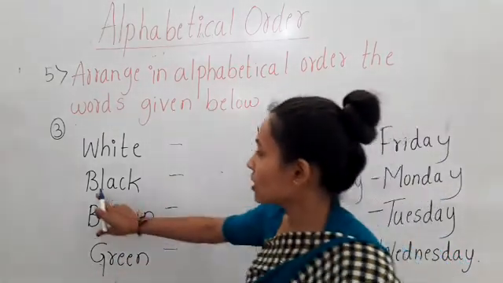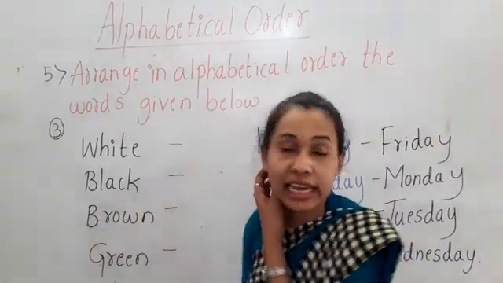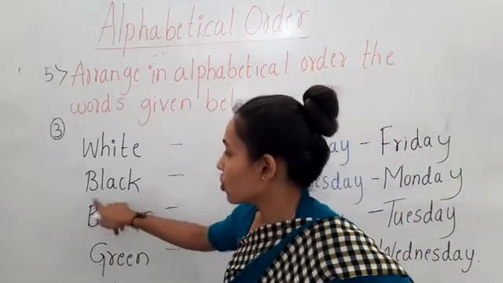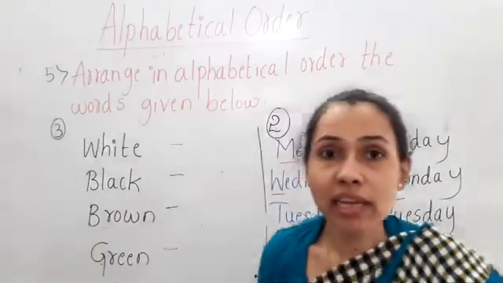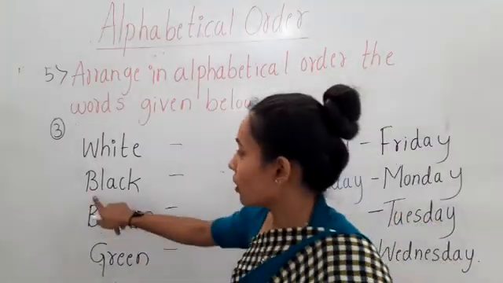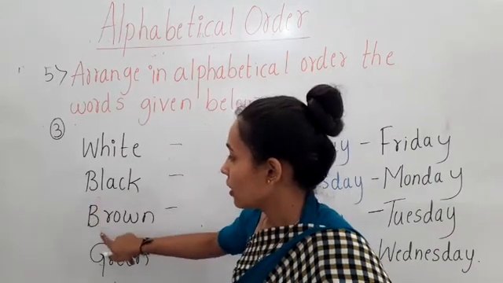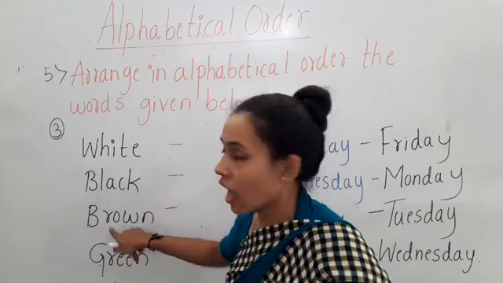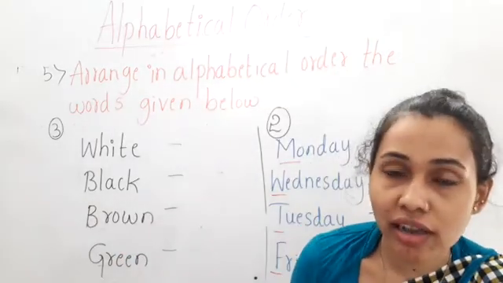So in such cases we have to look at the second letter while arranging. Okay so children, which letter comes first in the alphabet? B. After B, L. Here after B, L or R, which letter comes in the beginning, children?